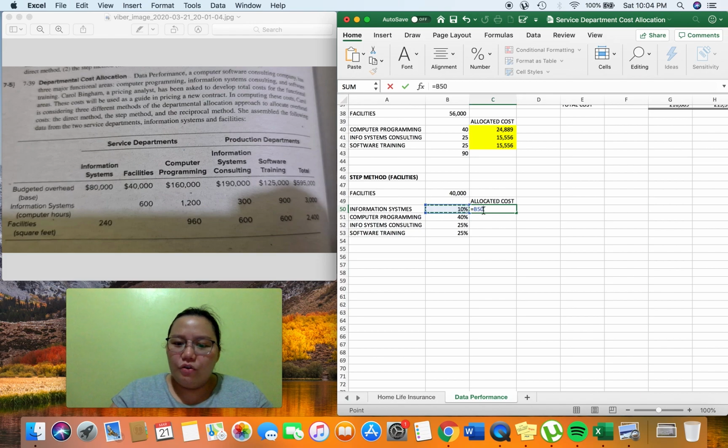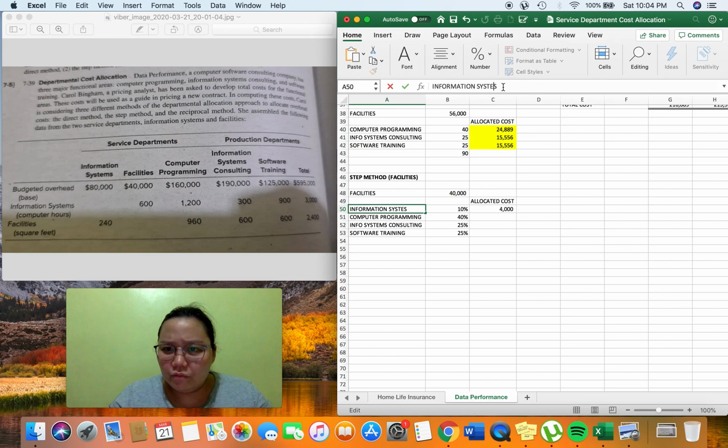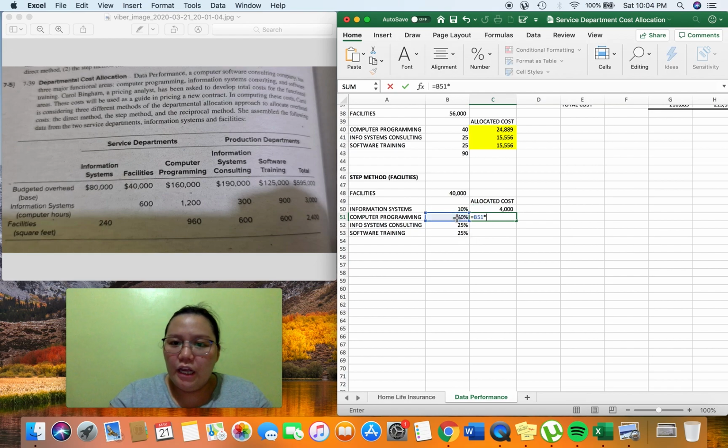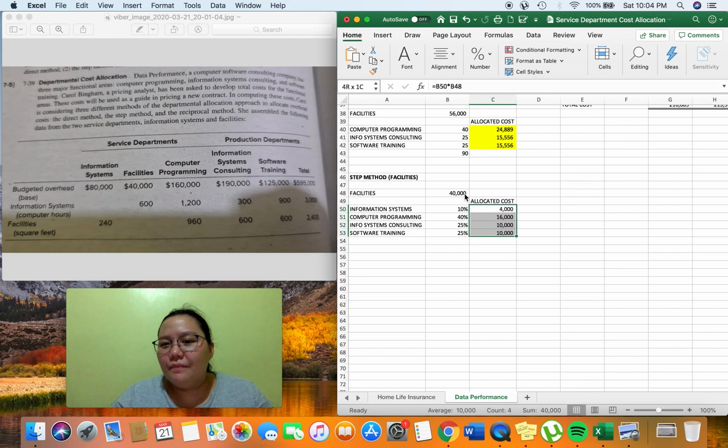So, the allocated cost is computed as 10% of 40,000, 4,000 for the information systems, and then we have 16,000 for the computer programming, and then 10,000 respectively for info systems consulting and software training. Okay? So, ayan. This is our answer. Kasi magkano daw yung allocated overhead, diba? So, yan po yun. Okay?